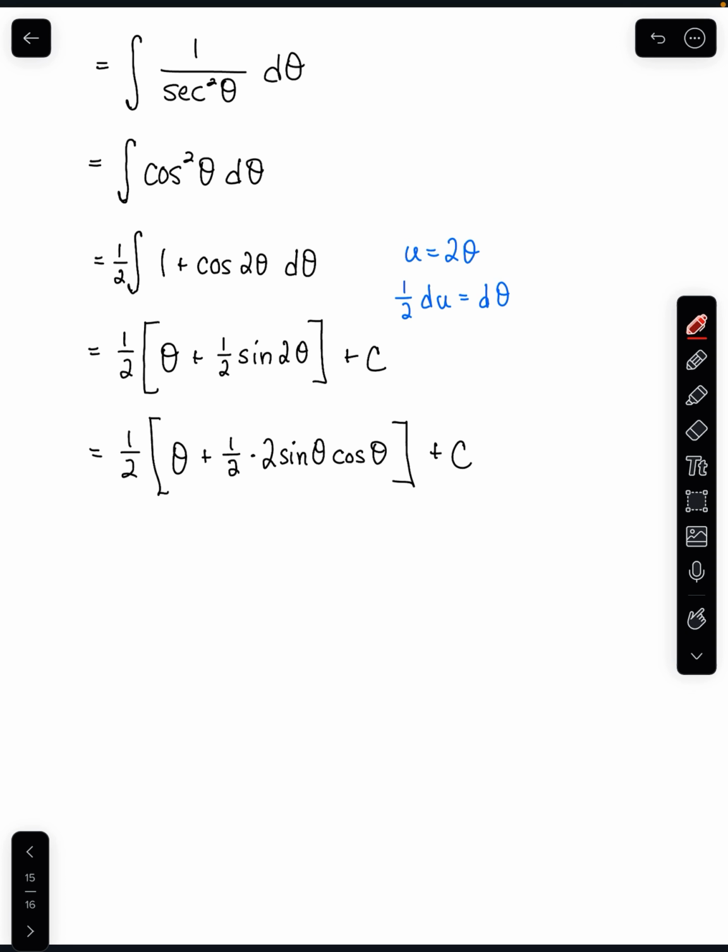Which takes care of the coefficients, but it also gives us sine of the angle theta and cosine of the angle theta, both of which can easily be determined using the triangle that we constructed.